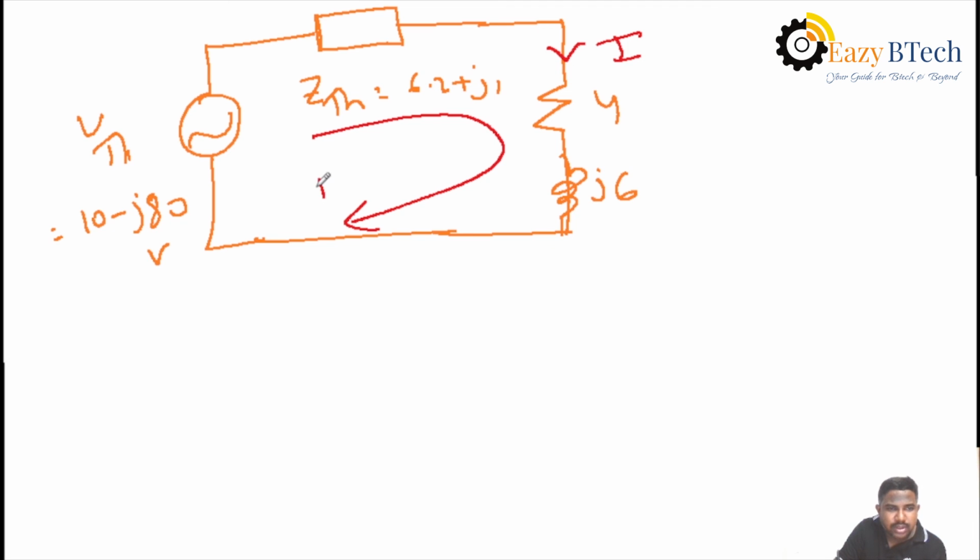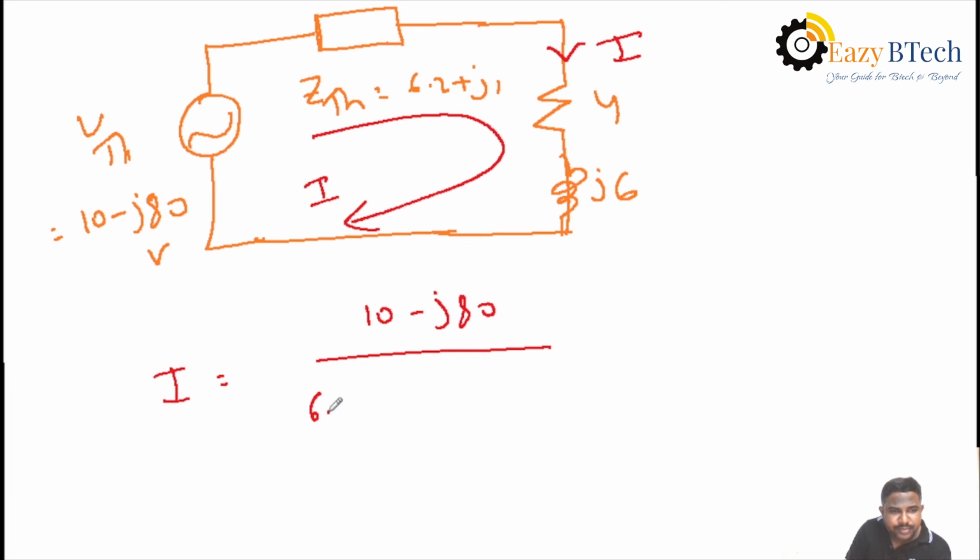That's why you can simply find out the loop current I. Total voltage value is 10 minus j80 by total impedance, 6 plus 2 plus 4 real values plus j1 plus 6 imaginary values. Then you can simplify the equation.